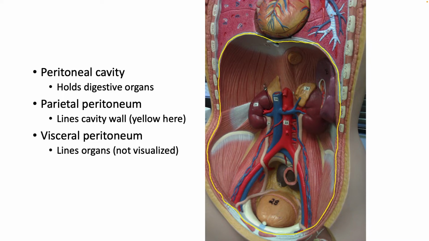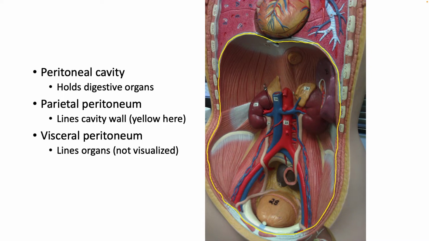This is the cavity holding the organs in the peritoneal or abdominopelvic region. Most of the digestive organs are going to be found right here, everything besides the esophagus and the mouth and the oral region. All the main ones like the stomach, small intestines, large intestines, and pancreas, liver, gallbladder are all going to be found in this cavity here.